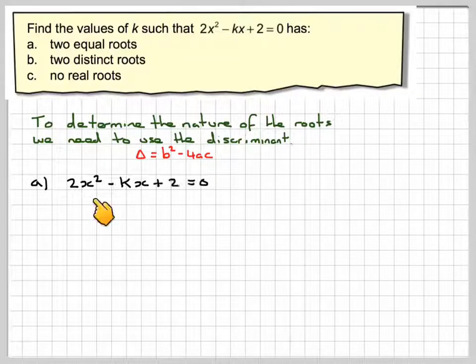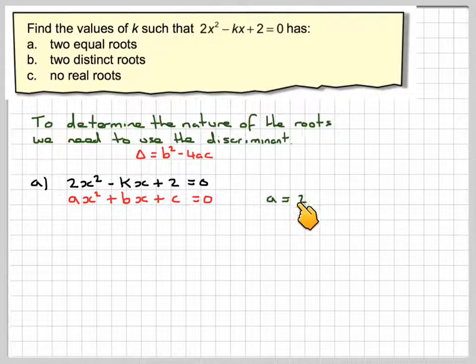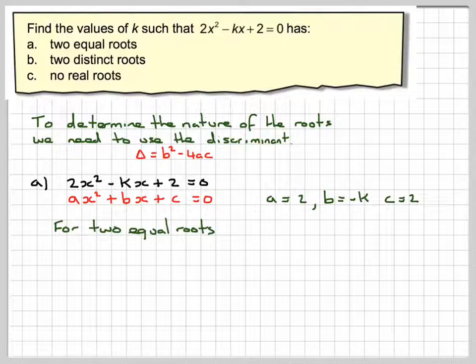So if you take 2x squared minus kx plus 2 is equal to 0, and compare it with ax squared plus bx plus c is equal to 0, then we can see clearly that a is equal to 2, b is equal to minus k, and c is equal to 2. Now, for equal roots, b squared minus 4ac is equal to 0.